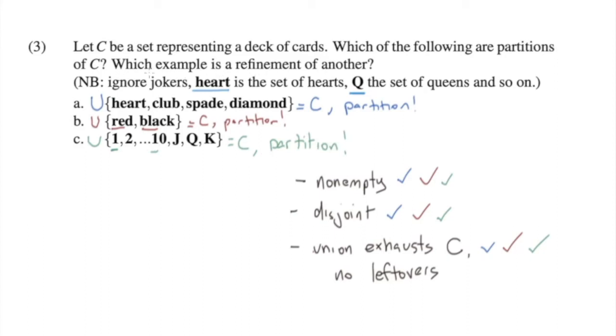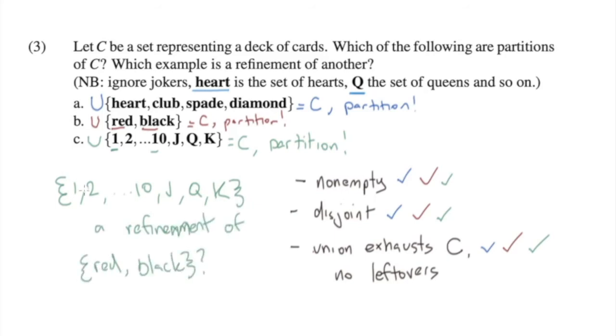The second part of the question is asking which example is a refinement of another. So let's test if C, the partition by value, 1, 2, up to 10, is a refinement of, let's say, red and black. If this partition is a refinement of that one, then every set comprising this partition has to be a subset of one of these.